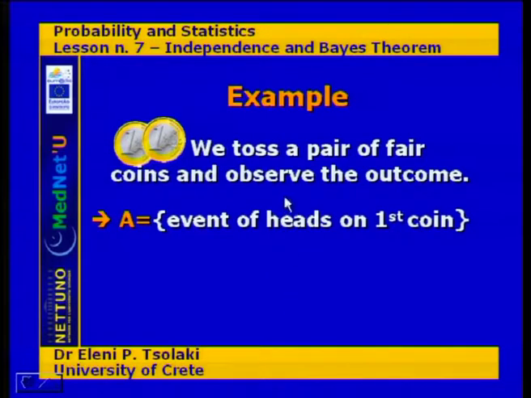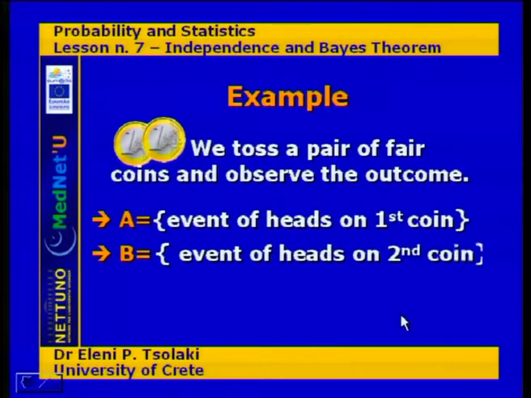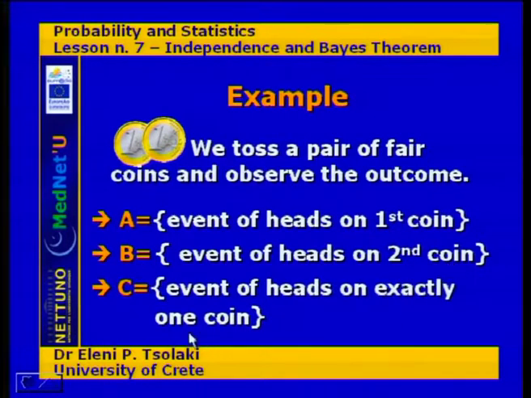Now, we toss a pair of fair coins and we observe the outcome. We have the event of heads on the first coin, the event of heads on the second coin, and also the event of heads on exactly 1 coin.